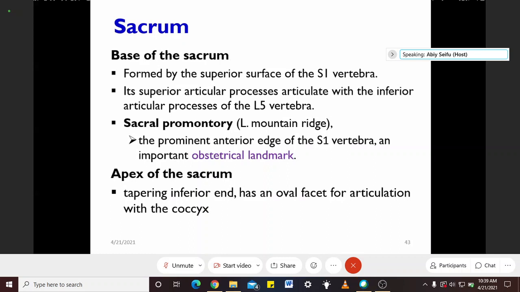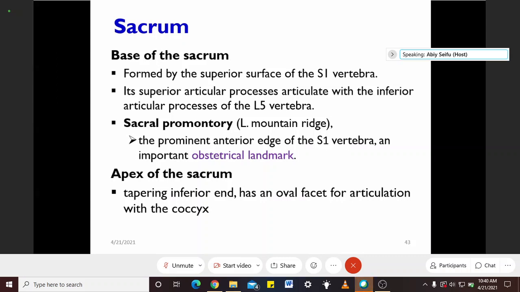The male sacral promontory is more prominent and projects toward the pelvic cavity, whereas in females it is not developed like that of the male and does not project as much toward the pelvic cavity.